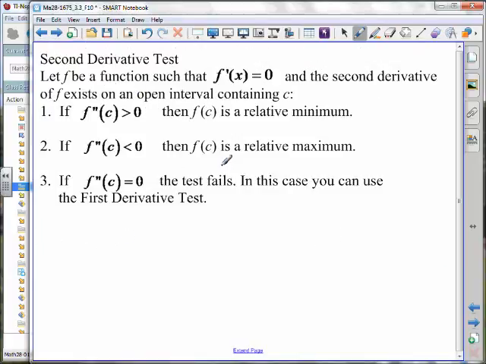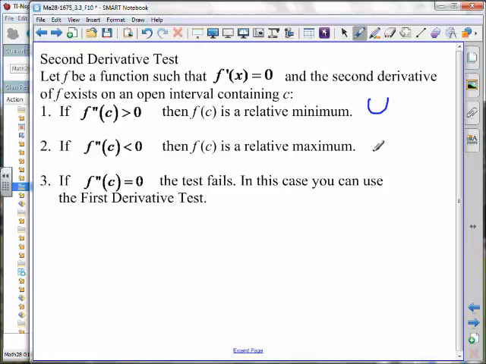Second derivative test. If I know that I have some extrema, so from the first derivative, I found my critical numbers of my function and I found my zeros of the first derivative, then if I put that value where that critical number occurs, and the second derivative is positive, remember positive means that it's concave up. If it's concave up, it has a minimum.